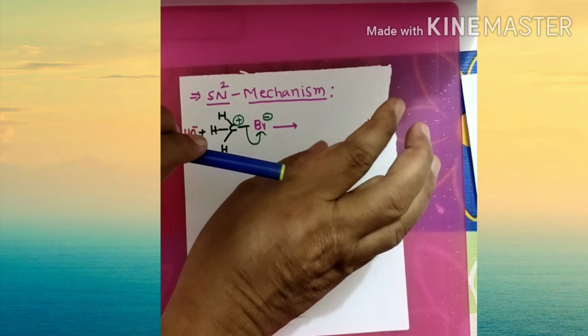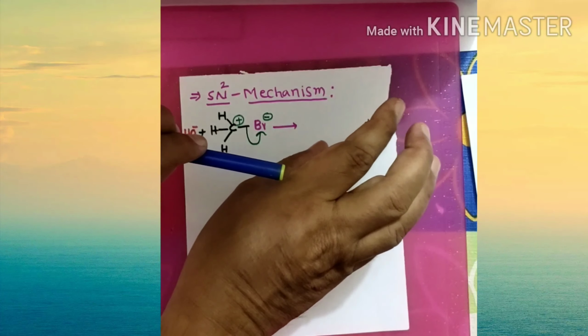So here carbon, 3 hydrogens moving to the backside, and here the nucleophile will attack. So this we are calling backside attack.